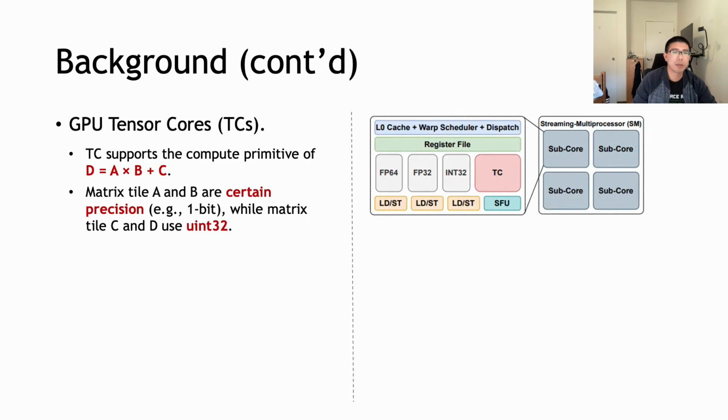Specifically, Tensor Core supports the basic computation primitive of dense matrix multiplication, where the input matrices A and B have certain precision, like 1-bit, 4-bit, or 8-bit, and the output matrices C and D use FP32 or INT32. On the right-hand side, we also demonstrate the layout of tensor cores in the modern GPU streaming multiprocessor subcore.